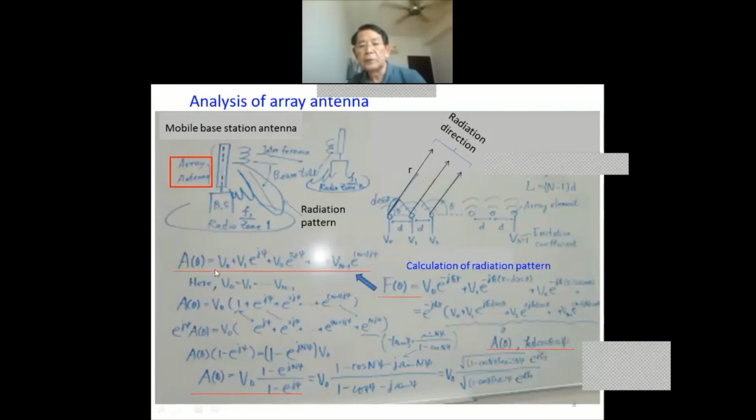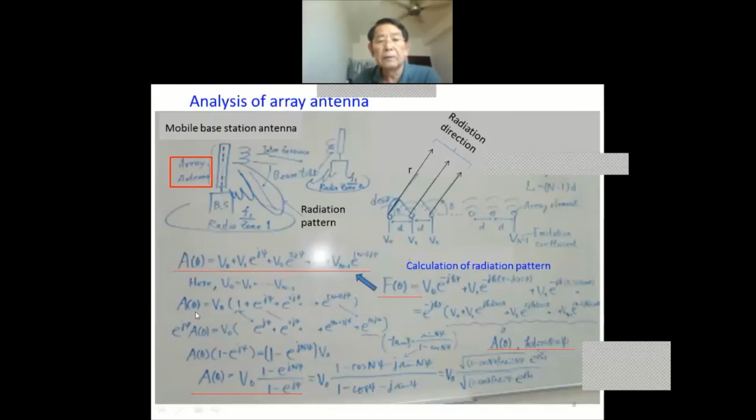V0, the first element excitation, and next V1 exponential jφ, and next V2 exponential 2jφ, finally V(n-1) e^((n-1)jφ). So here, for convenience, the excitation coefficients are the same.